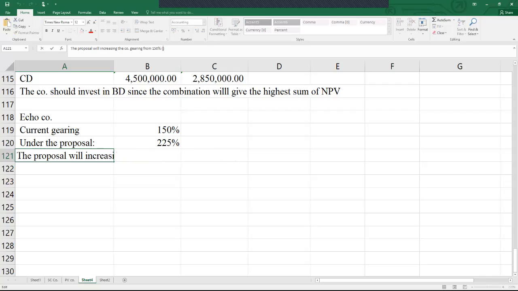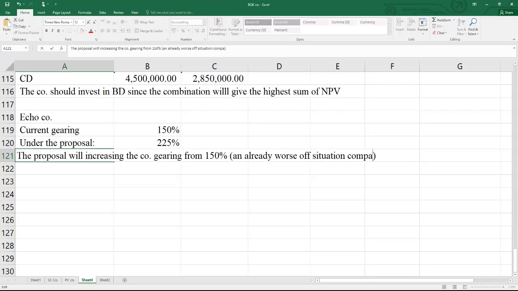Don't forget this is already bad. 150% is already a worse situation compared to the industry average gearing.